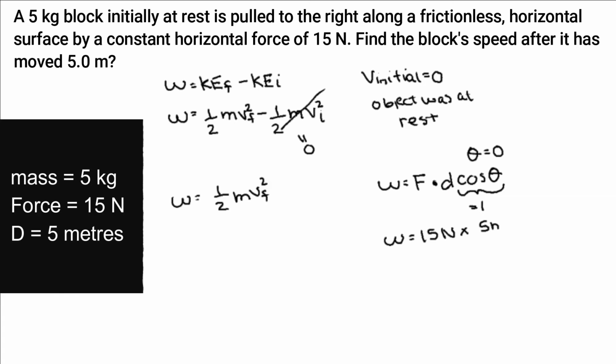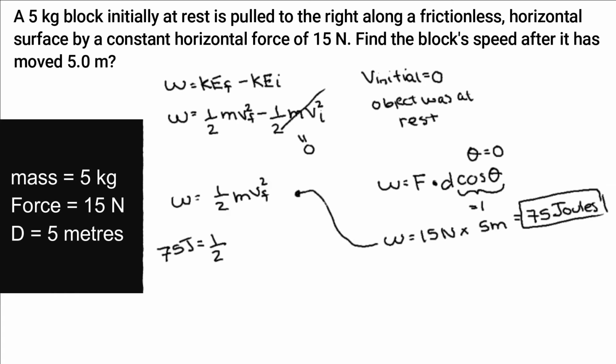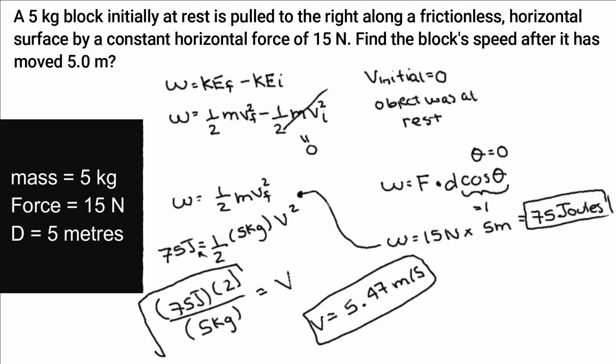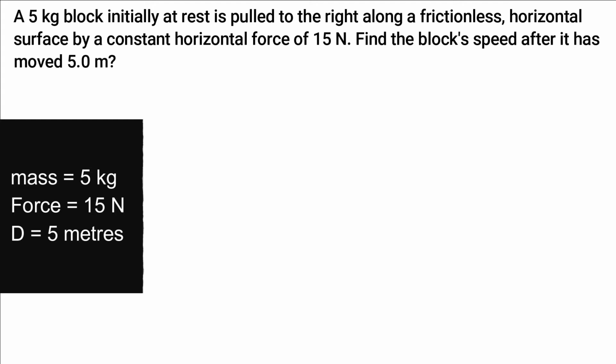So work equals force, which is 15 newtons, times displacement, which is 5 meters. Work will be 75 joules. Now we can plug this into our previous equation and rearrange it to solve for velocity. So the final velocity equals 5.47 meters per second.